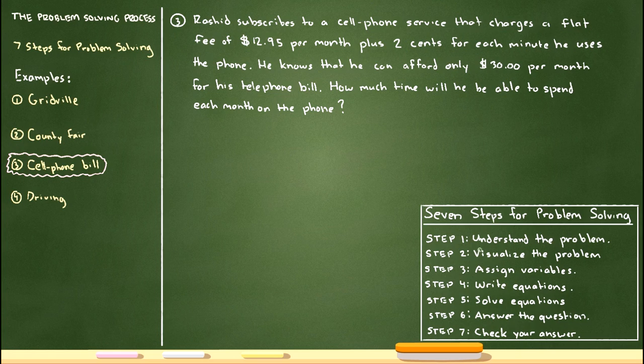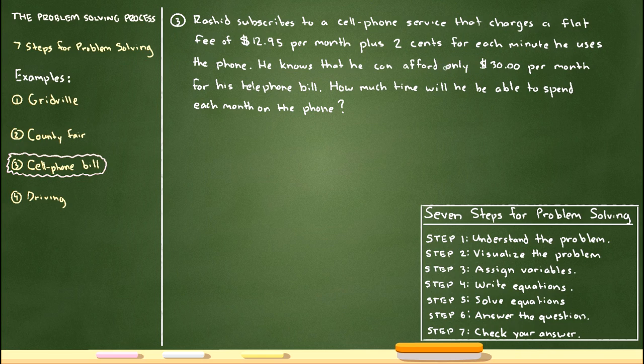So, step 1, we want to understand the problem. We have somebody signing up to a cell phone service, and we see that the cell phone service is charging him a flat fee of $12.95 per month plus 2 cents for each minute. Okay, and he has a budget, essentially. He knows he could only afford $30 per month for his telephone bill.